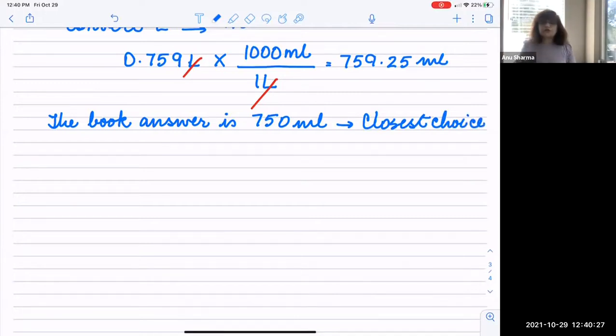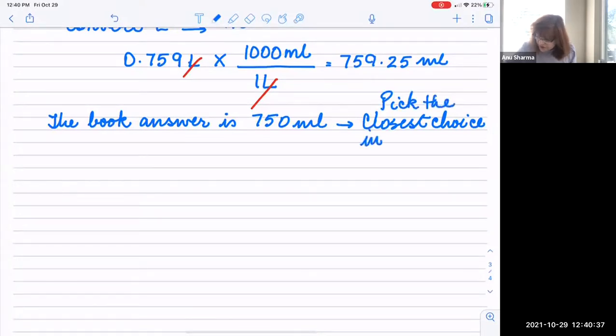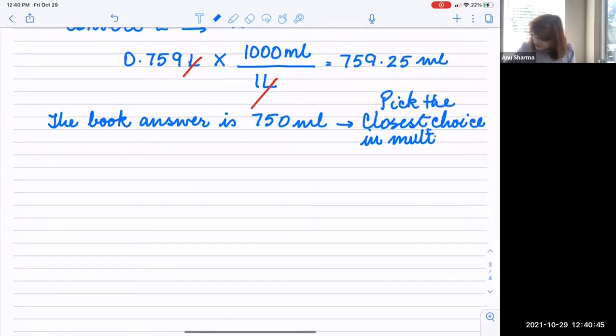When you get multiple choice questions, if this is the only choice you have, then you pick the closest choice in multiple choice questions.